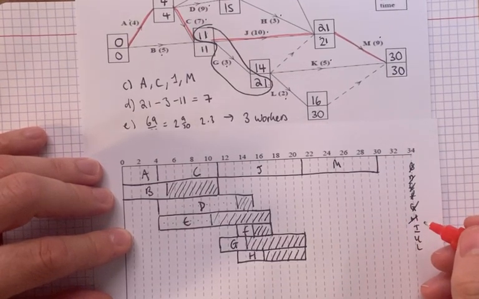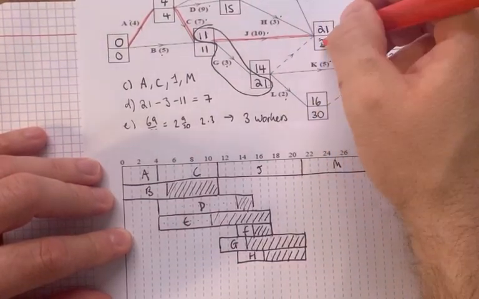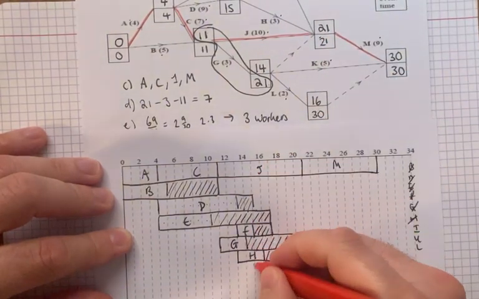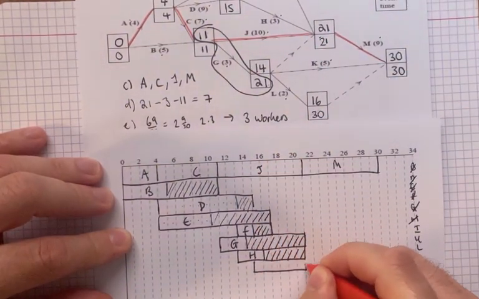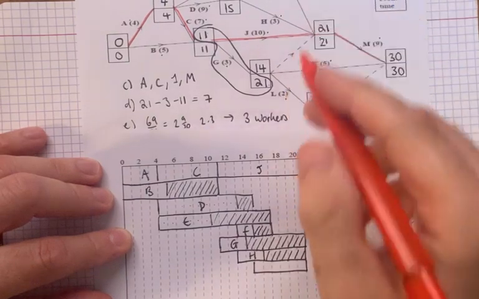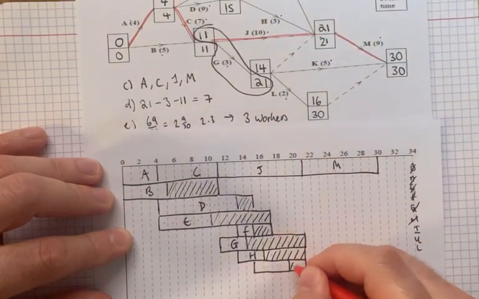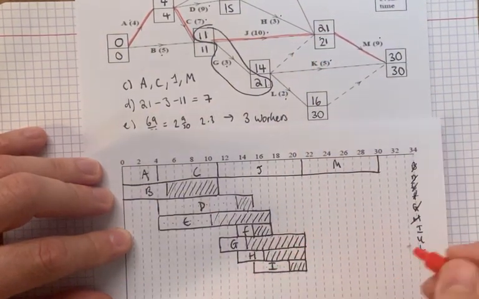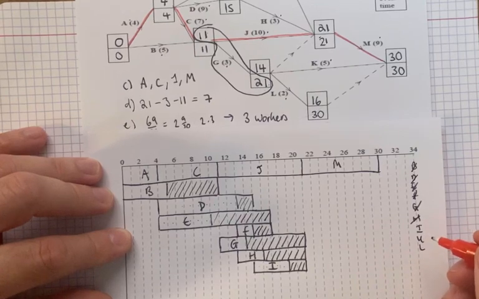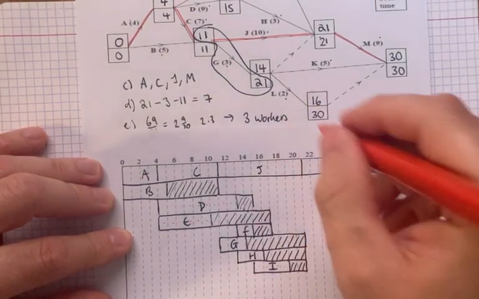I, where's I? I's there. 15 to 21. 4. Just has 2 floats. K, 14 to 30.